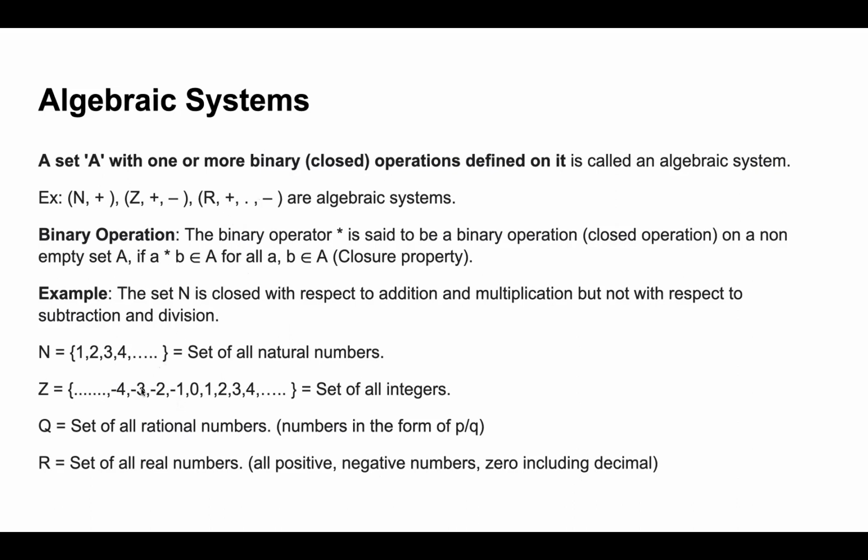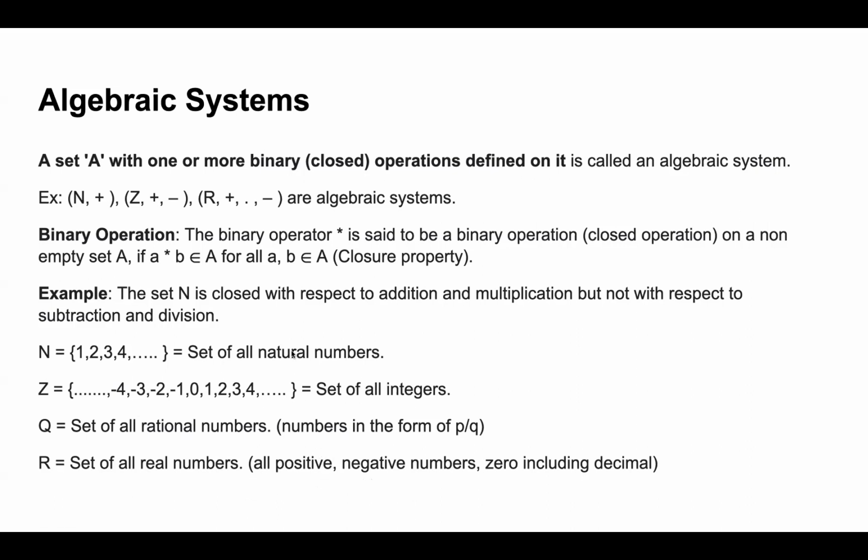It has the same positive and negative numbers as Z, but including decimal points, meaning 0.1, 0.2, 0.3, 0.4, like that. Z contains only integers, but the set of real numbers contains decimal numbers also.